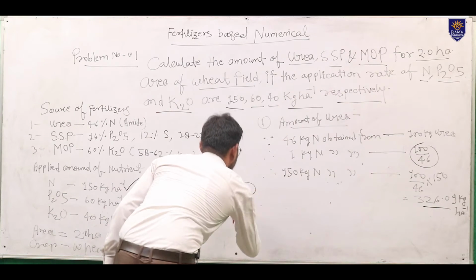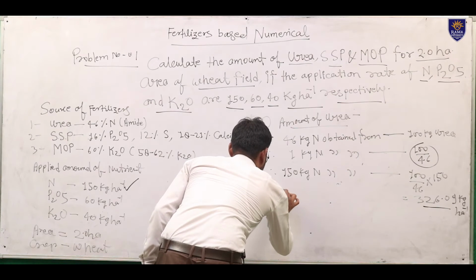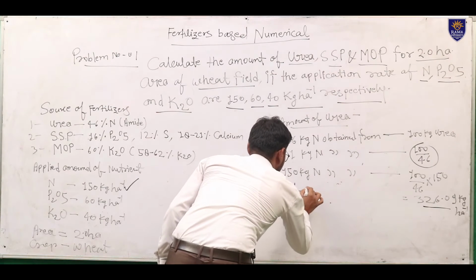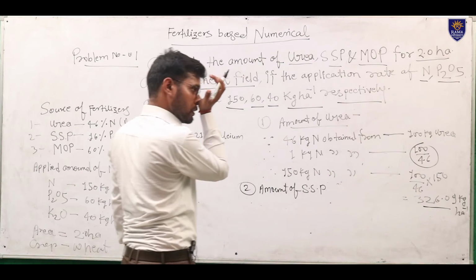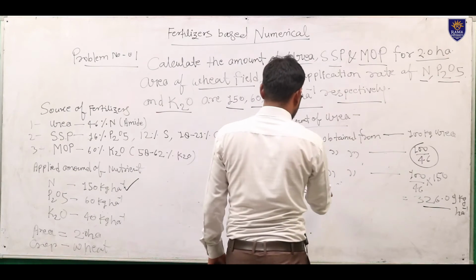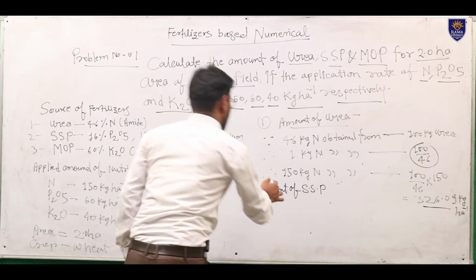Secondly, we calculate the amount of SSP, single superphosphate. This is a water soluble phosphatic fertilizer.